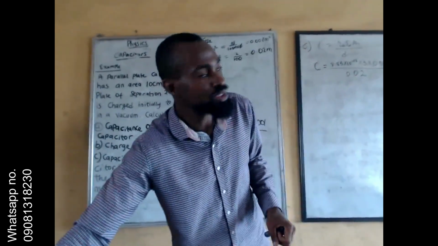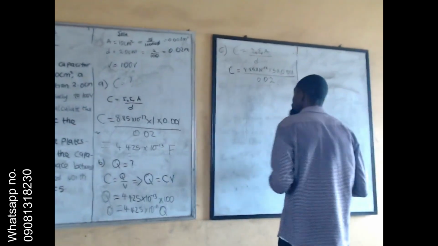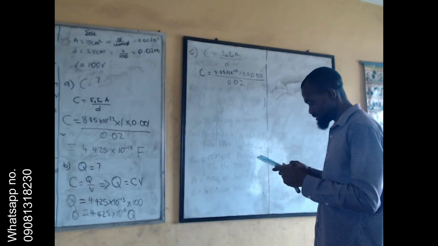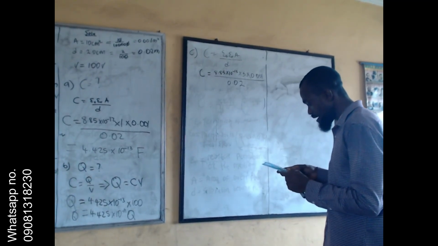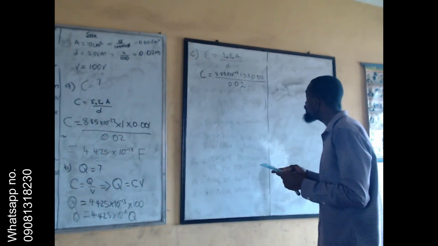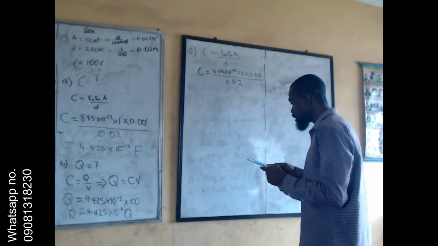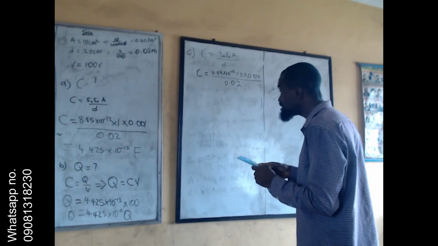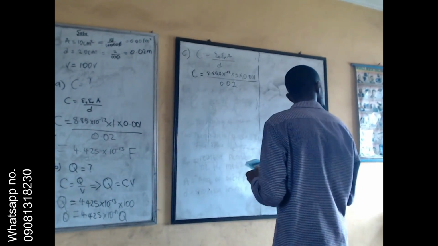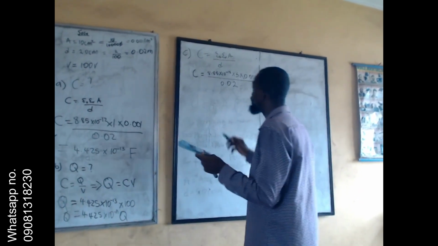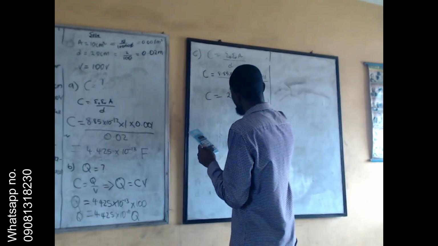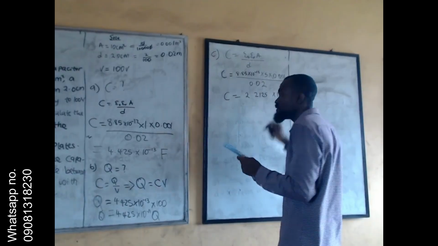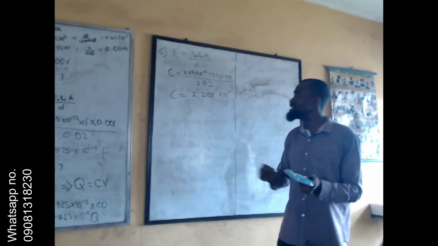So we multiply: 8.85 times 10 raised to the power minus 12 times 5 times 0.001 divided by 0.02 gives 2.2125 times 10 raised to the power minus 12. The unit once again is farad.